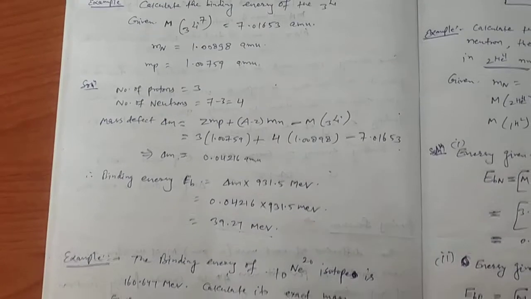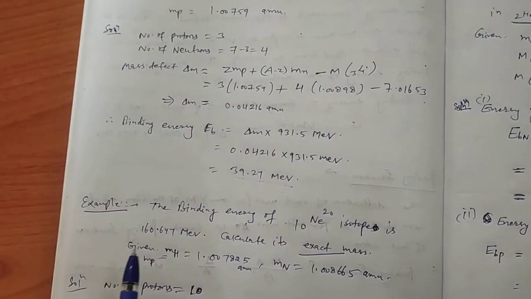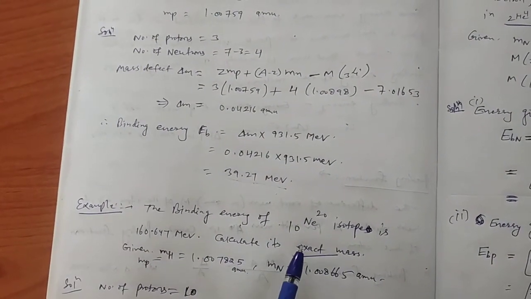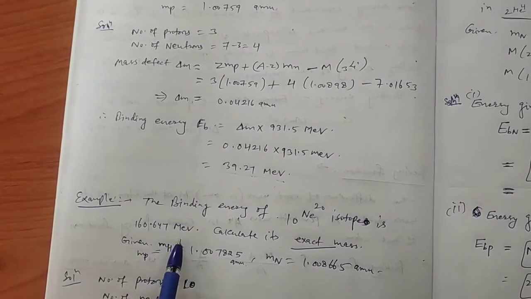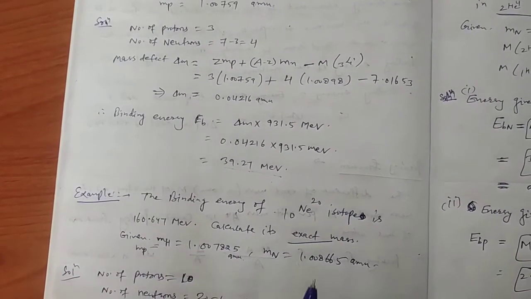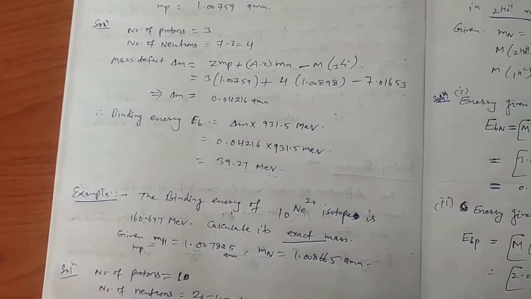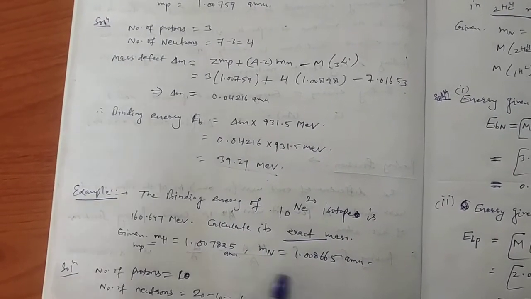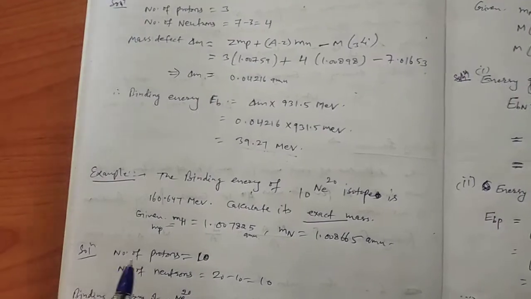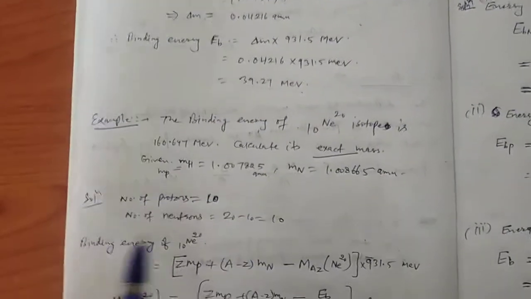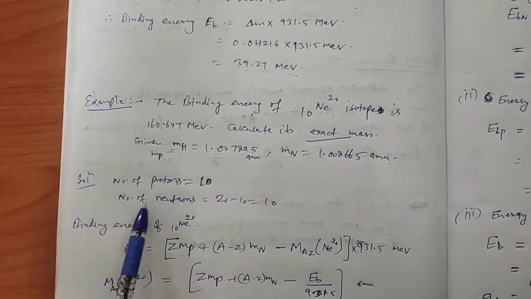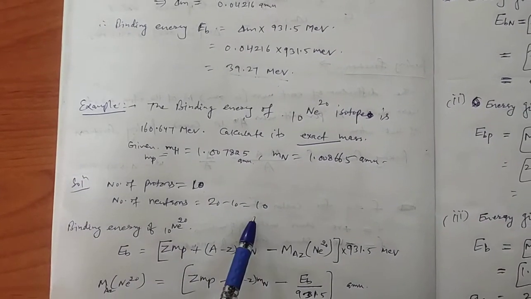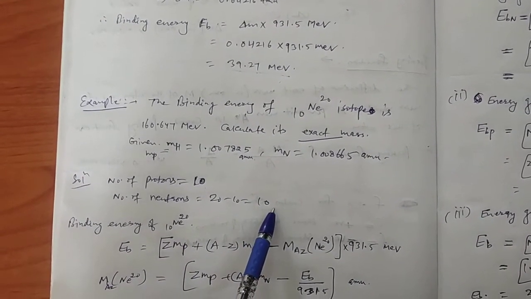Now the second example: the binding energy of the 10Ne20 isotope is 160.647 MeV. Calculate its exact mass. These data are given, and in this isotope the number of protons is 10 and the number of neutrons is 20 minus 10, which is equal to 10.